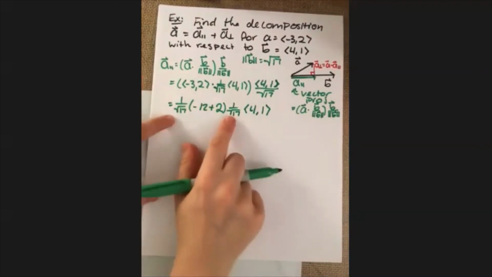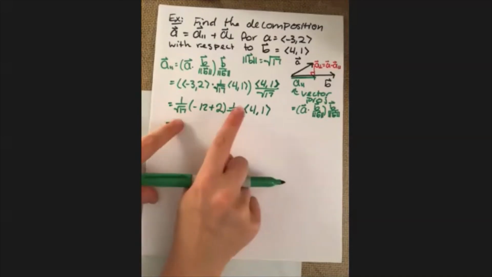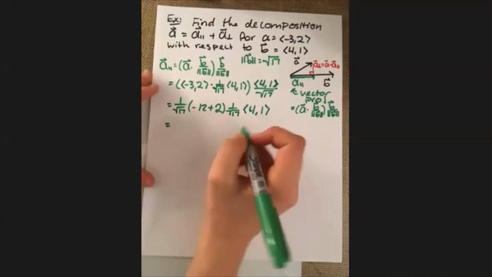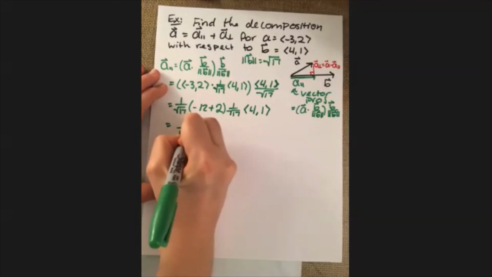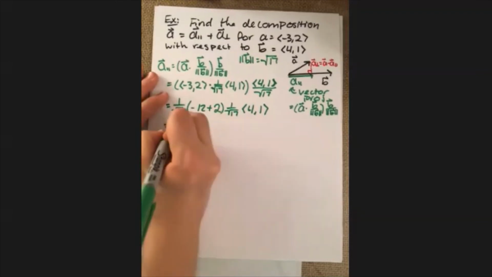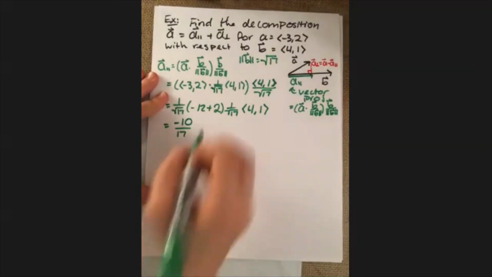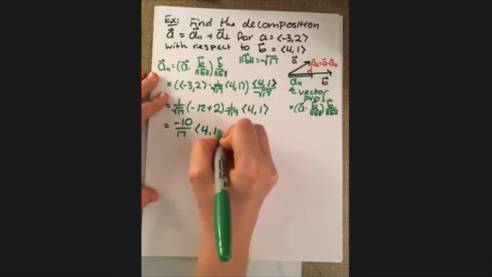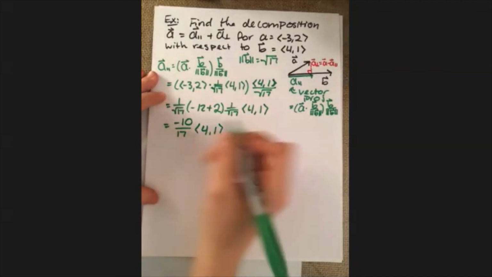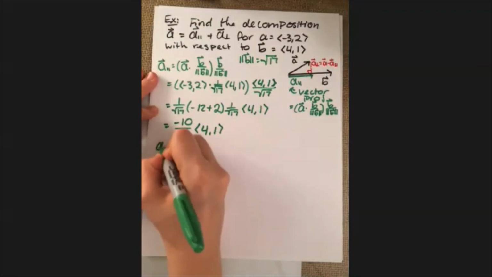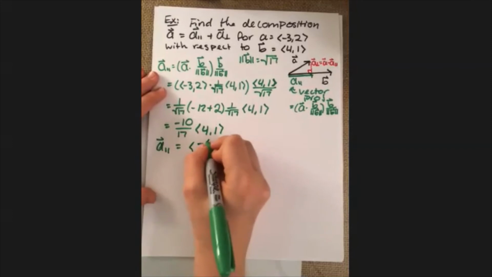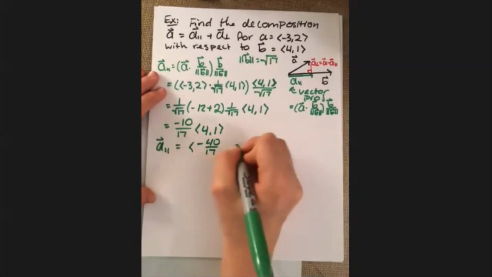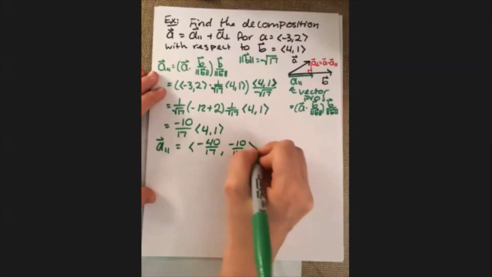So my A parallel is equal to -40 over 17 and then -10 over 17.